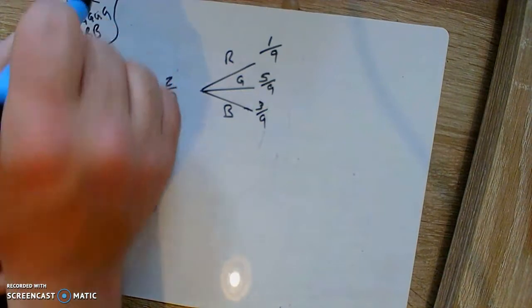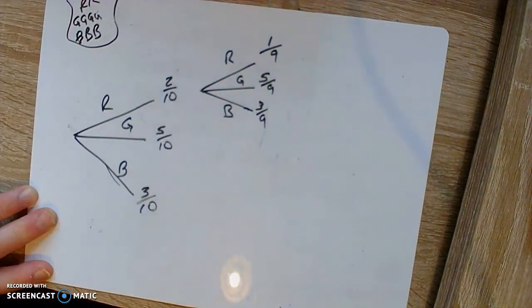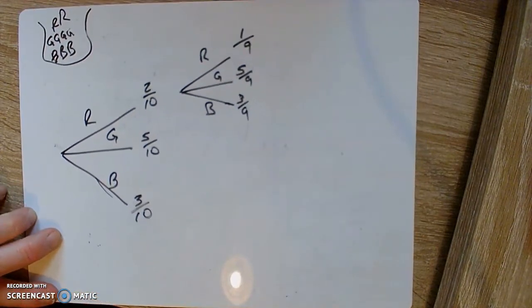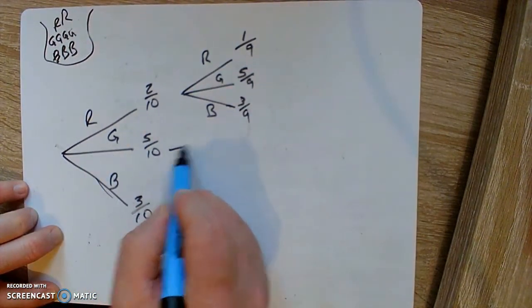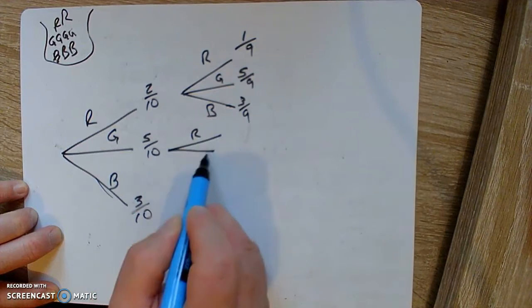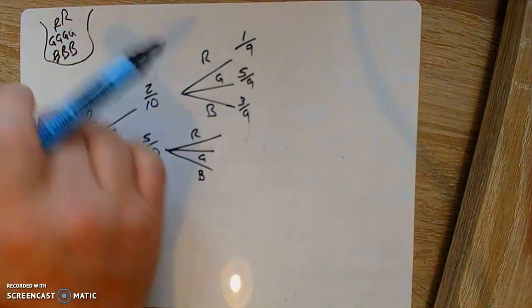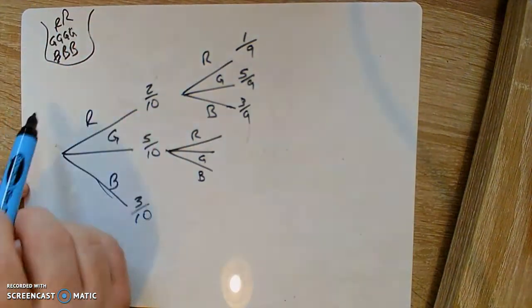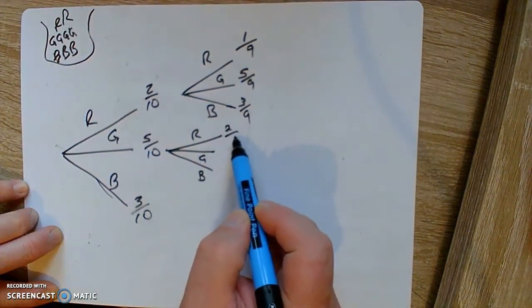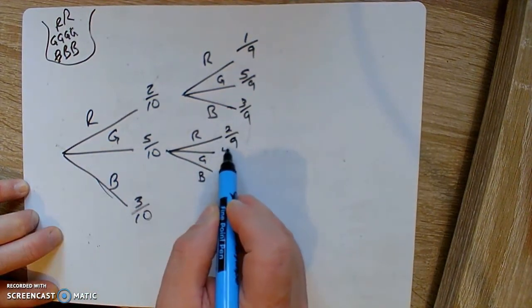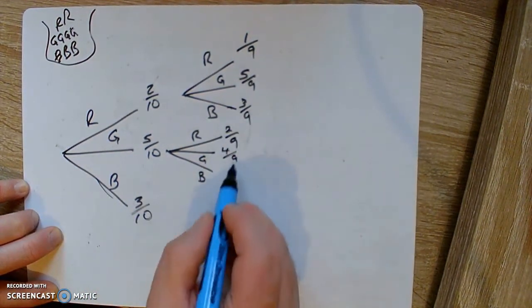Let's put the red one back in, and let's say for instance I pick the green one out first. I pick the green one out first, and then I pick a red and a green and a blue. So I've picked the green one out, I've rubbed it off the top, I've got 2 red left out of 9. If I pick a green one first, I've then got 4 green ones left out of 9.